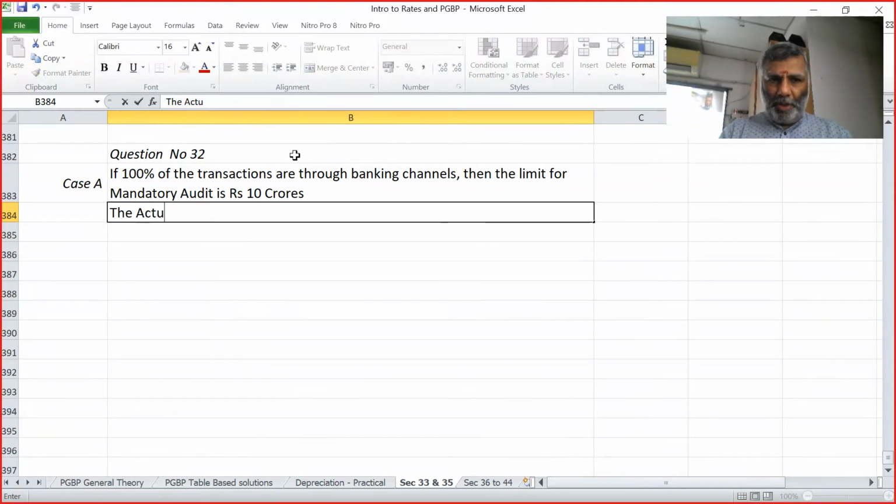Don't look at just turnover. The actual turnover is rupees 9.50 crores. Hence, audit is not mandatory.